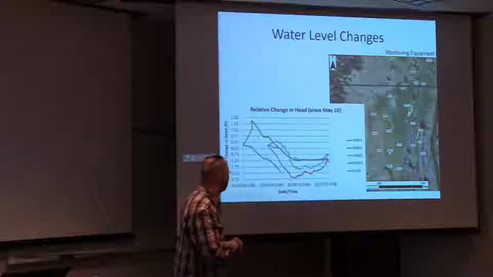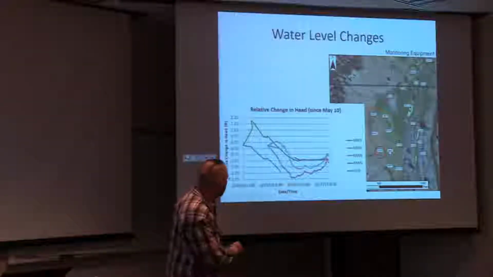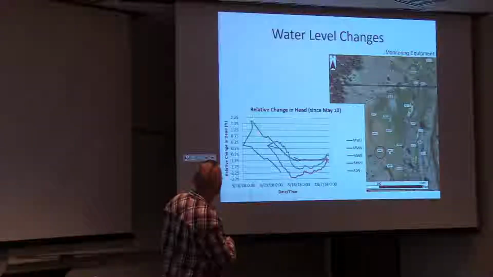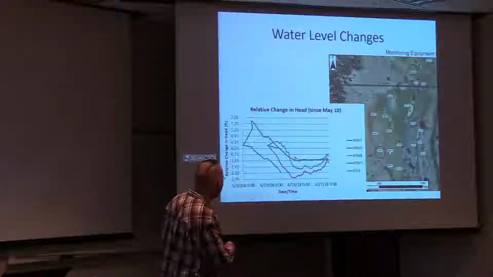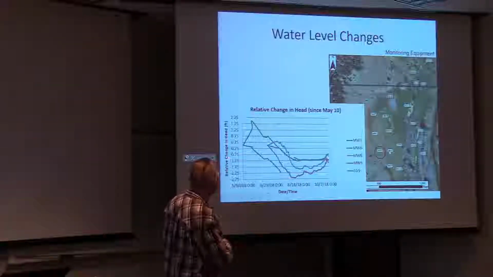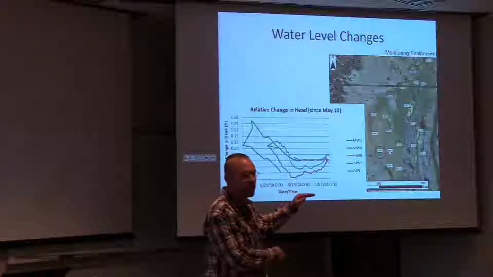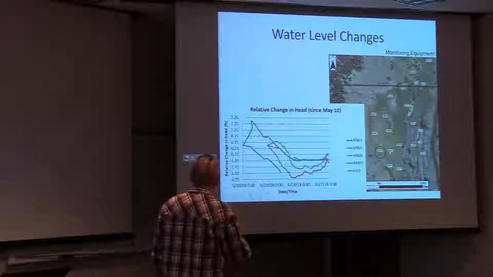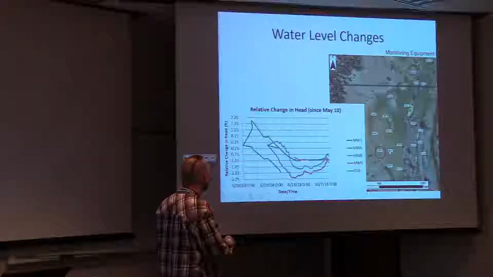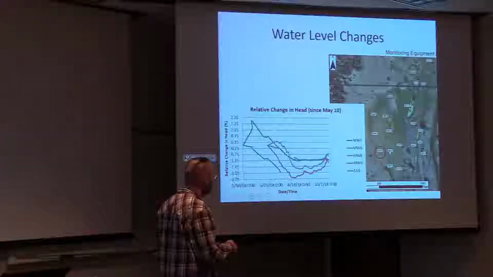The first one is right there, MW3. I have to get oriented. So you see the snowmelt pulse, but you notice during the dry season these are relative changes in head, so these are not put into actual elevations in feet above sea level yet. It has the lowest relative drop, and it seems to have a constant source of water.